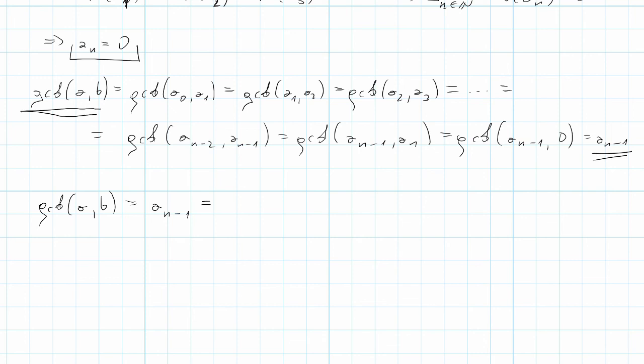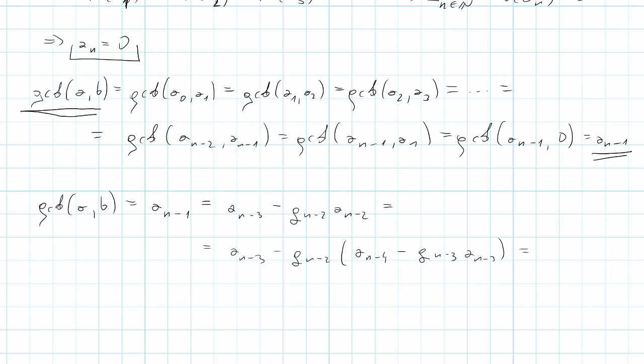Now we can express it using the two previous elements, so this will be a_{n-3} minus q_{n-2} a_{n-2}, and now we can do the same thing with a_{n-2}, so we can write it as a_{n-3} minus q_{n-2} times a_{n-4} minus q_{n-3} a_{n-3}.